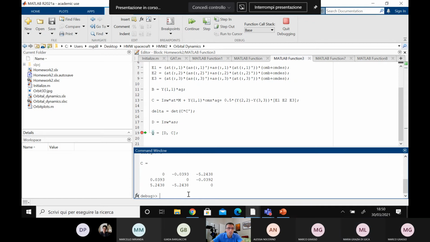So what's happening? Delta is the determinant of C C transpose, right? That's interesting. Yes. That is really interesting. Wow. That doesn't make any sense. If I find an error in mine, I'm gonna quit.